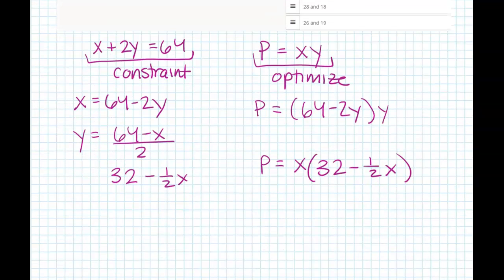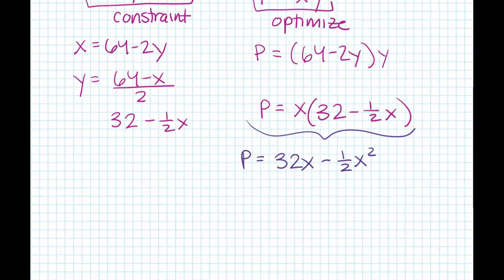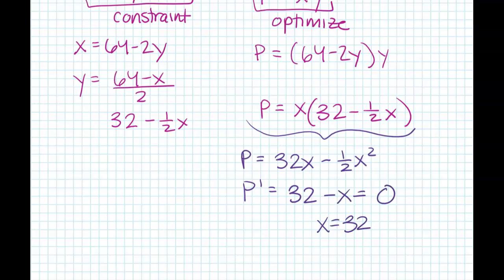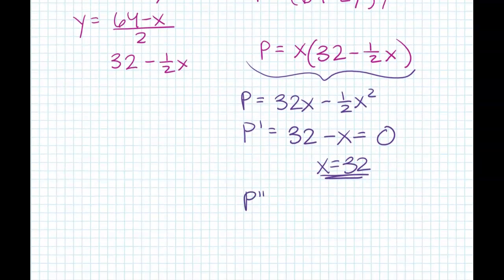So now let's actually solve the problem. And so if we do that, this is what we're working with. So let's multiply it through and we get 32x minus 1/2 x squared. So then p prime is 32 minus x equals 0. So x is 32. Probably our answer, but let's check.